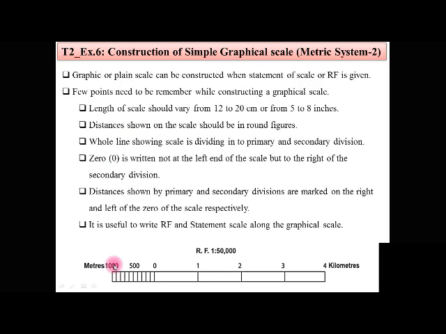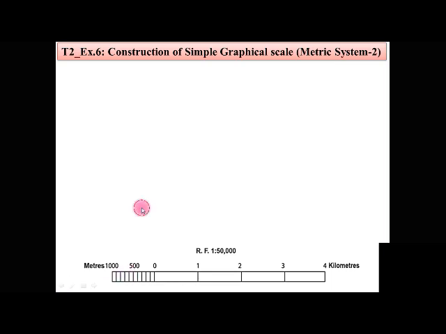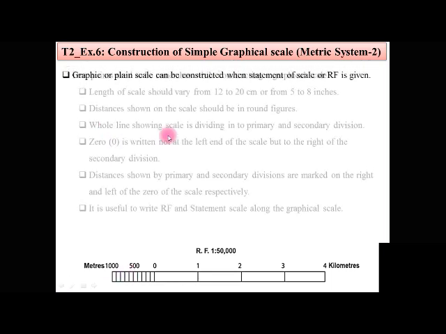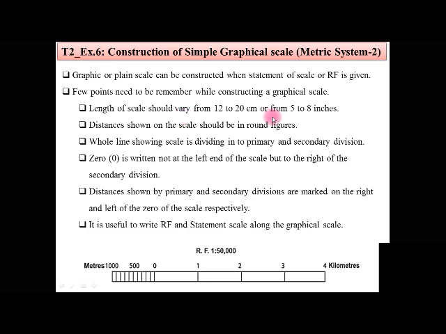So the few points need to be understood. For example, the length of graphical scale which we are going to construct, for example, from this to this, that length should be any, or that depends on you.